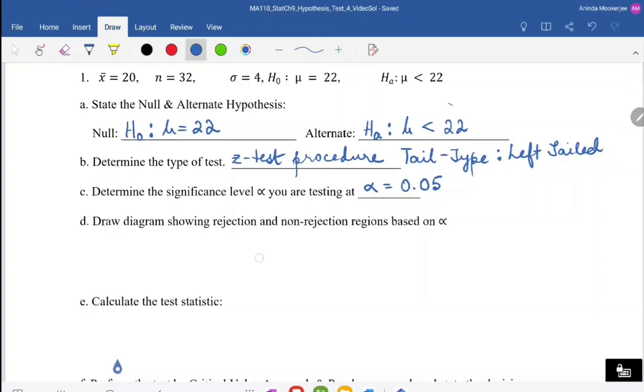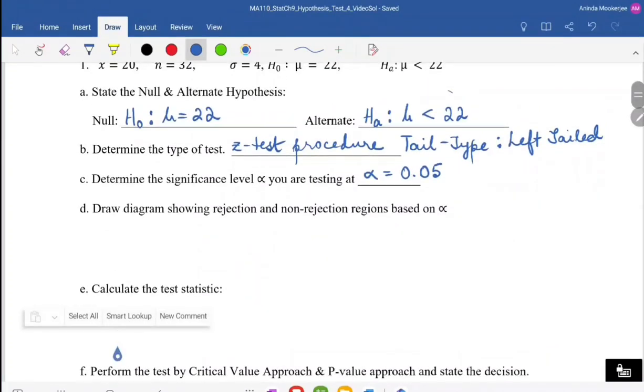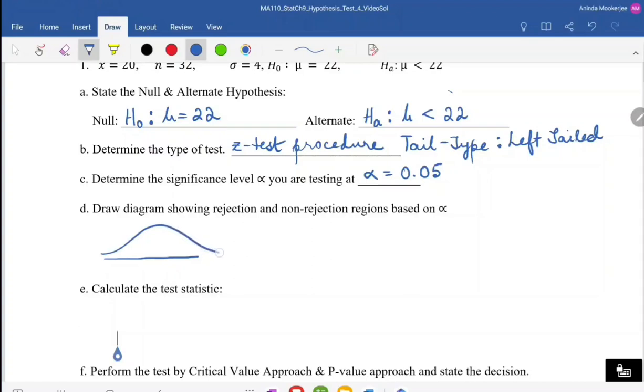Okay, so let's see. We have to draw a figure here, which is a normal curve, right? So let's draw a normal curve. And based on the information we have been given so far, the null hypothesis mean is going to be located somewhere in the center, and the null hypothesis mean will have a z value of 0, all right?